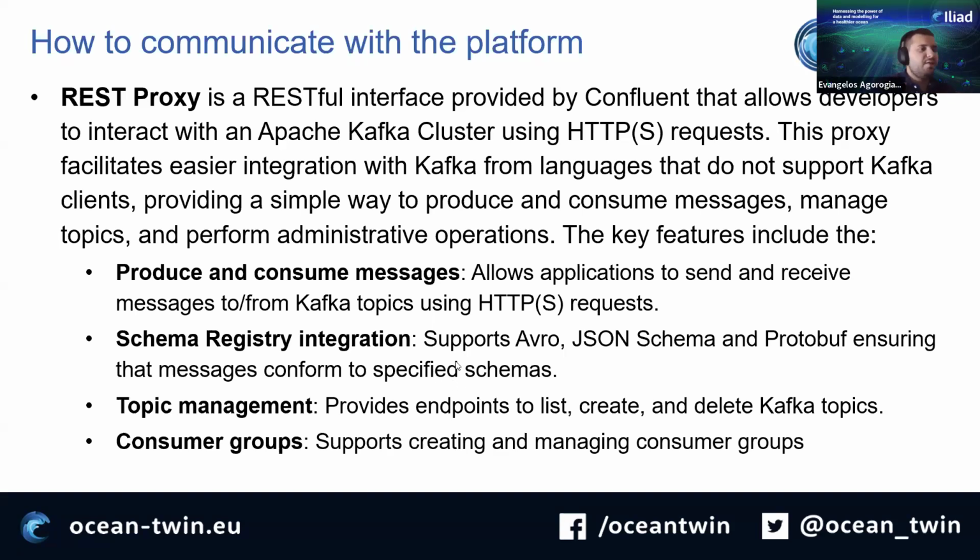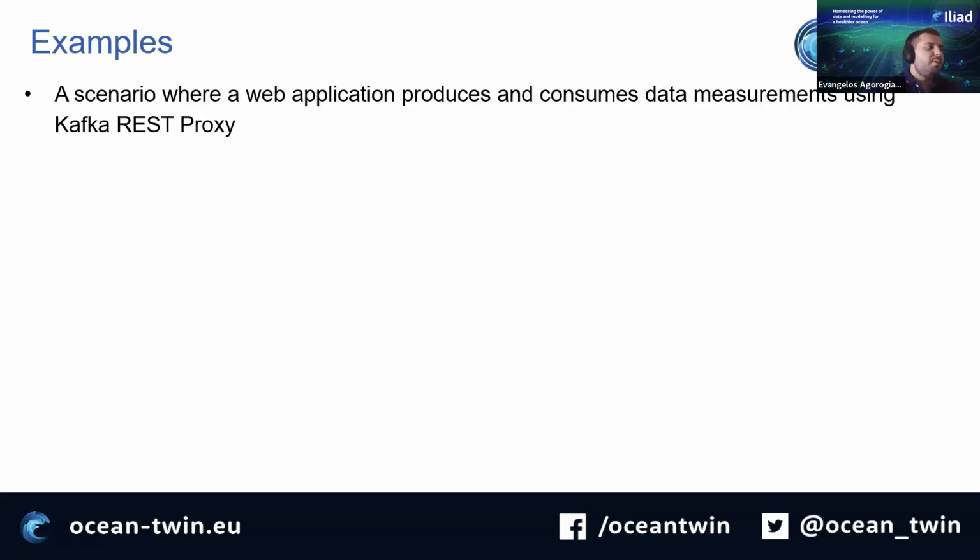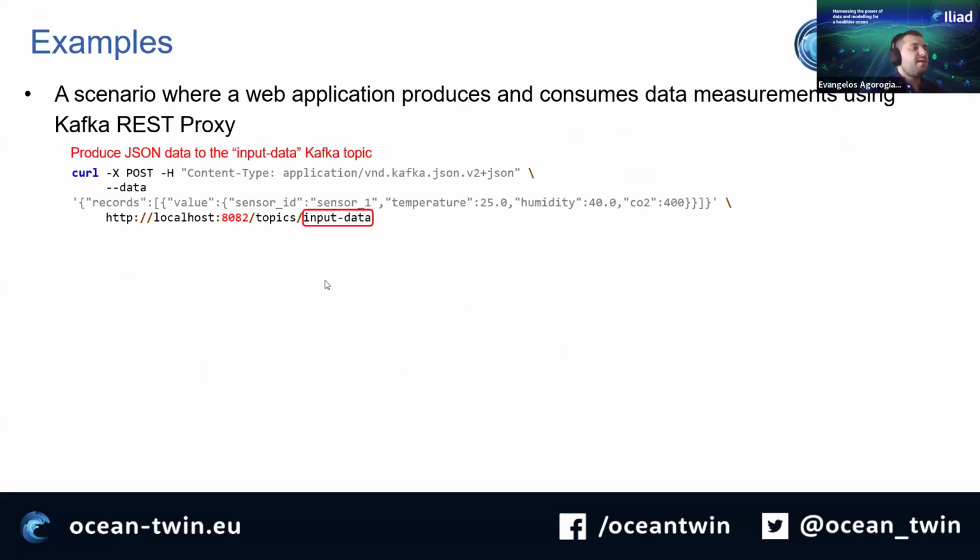You can see those operations in the upcoming example, where we have this scenario of a web application that produces and consumes data using this Kafka REST proxy. We have this POST method, which defines a message structure.